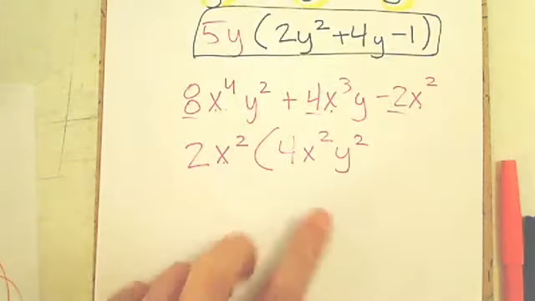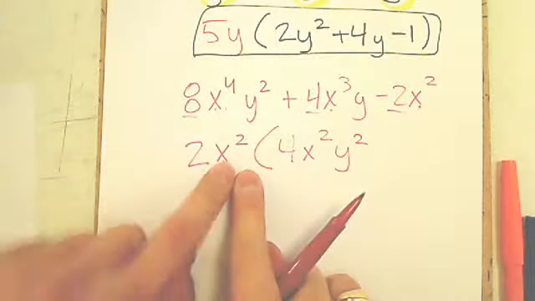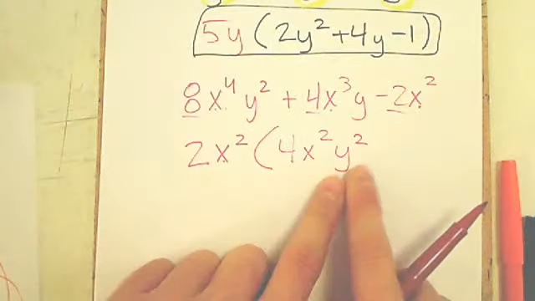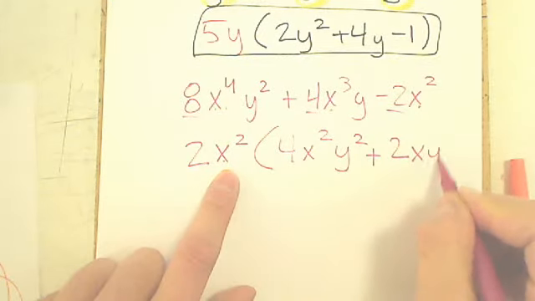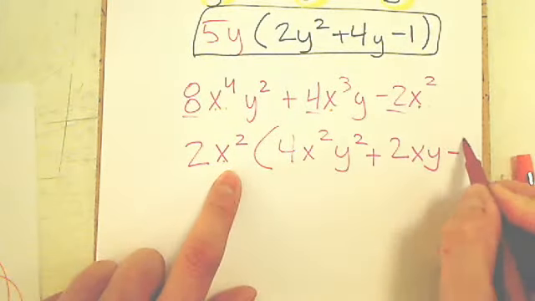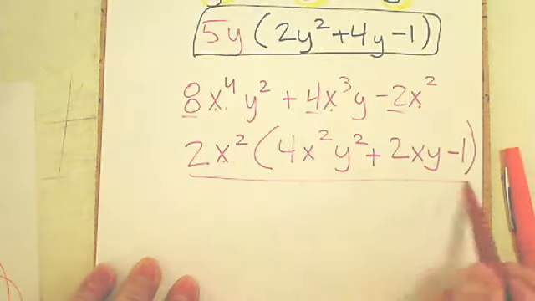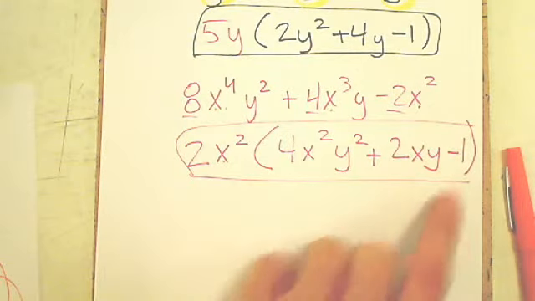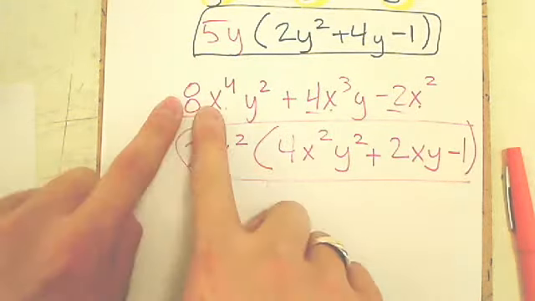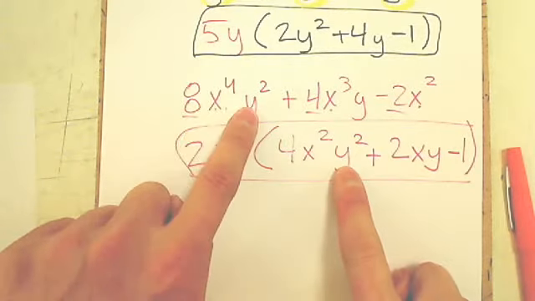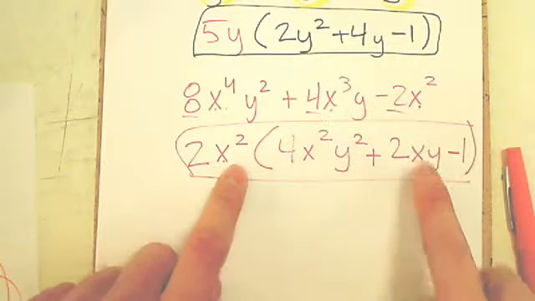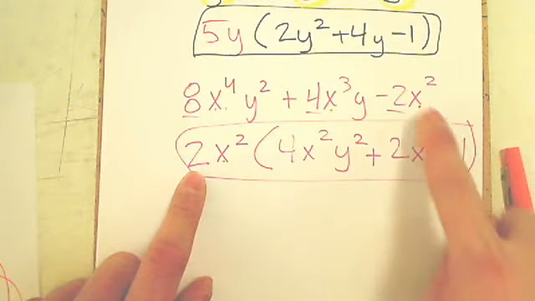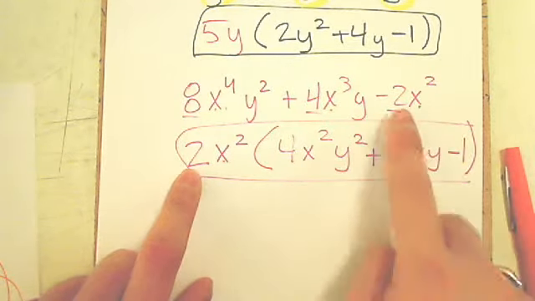Oh, this is confusing for some. Because there's not a y here, just bring it down here because that's a leftover. Plus 2x y minus 1. The reason why this is a negative 1 is because when you go back and distribute, 8x^4y^2 is 4x^2 times x^2, then y is left over, and then negative 1 multiplied by negative 2x squared.